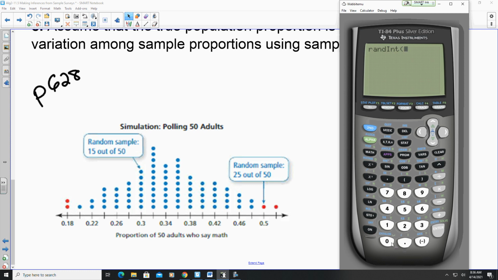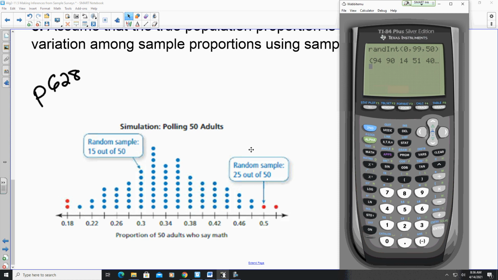We are going to do integers from 0 to 99, so it's going to randomly choose numbers from 0 to 99. Since this was a sample set of 50, we're going to get 50 of them. Then we hit enter, and now we have 50 random numbers from 0 to 99.